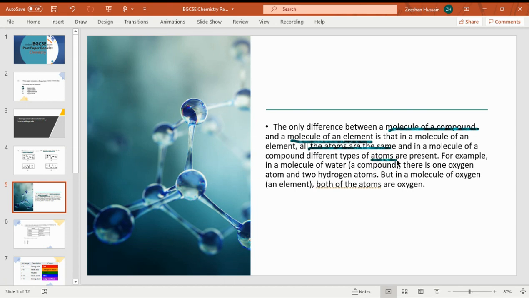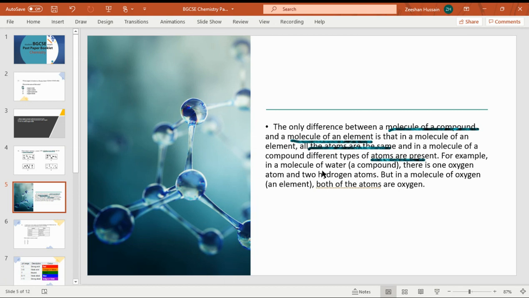atoms are present. Different types of elements combine to form a compound, but if the same kind of elements combine, then it forms a molecule. For example, take the molecule of water, which is a compound.